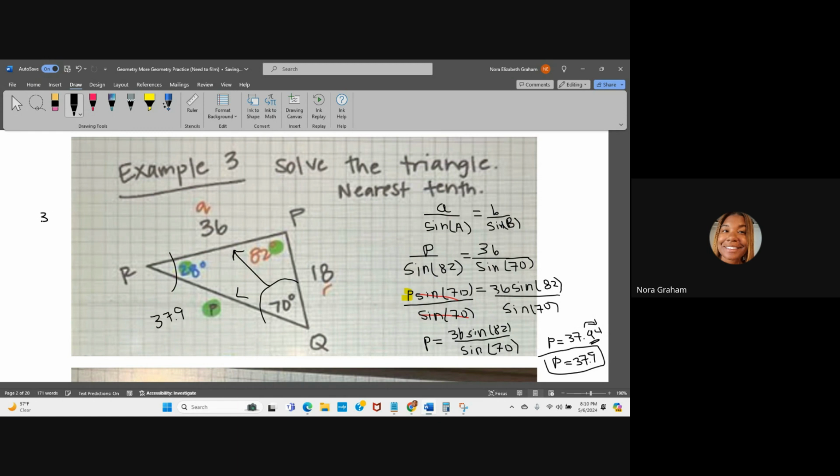I would do 36 over sine of my angle Q, which is 70, and then my angle R, my corresponding, so 18 over sine of R.